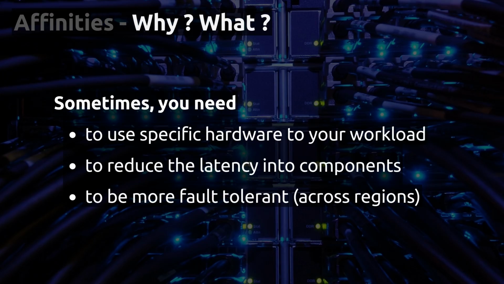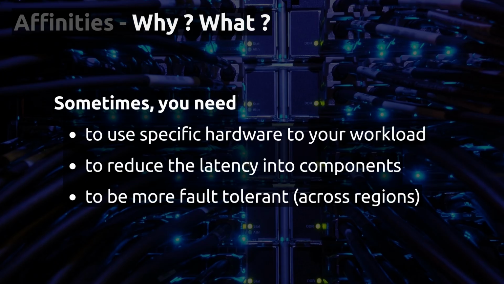In affinities, you have what we can name topology. So it's really important. There are other use cases, of course. For example, you have two components, front-end and back-end, and you want to reduce the latency between them. You probably want to deploy the front-end and the back-end not on the same node, for reliability, but probably in the same zone if you use classical cloud providers.